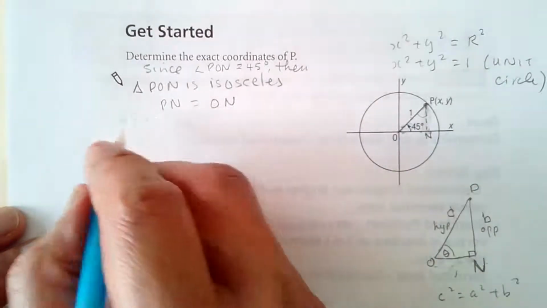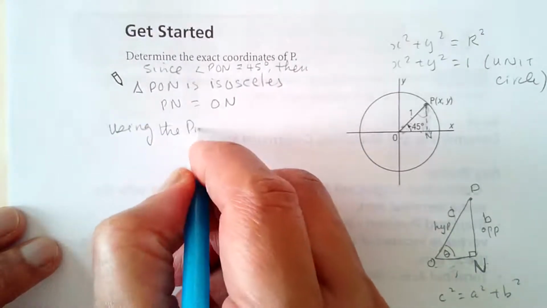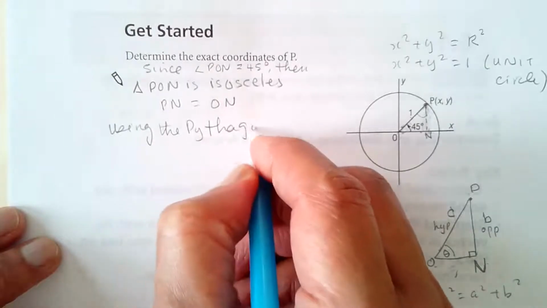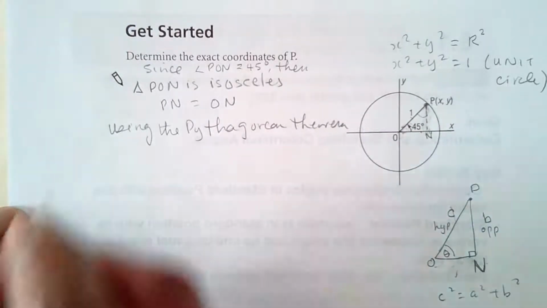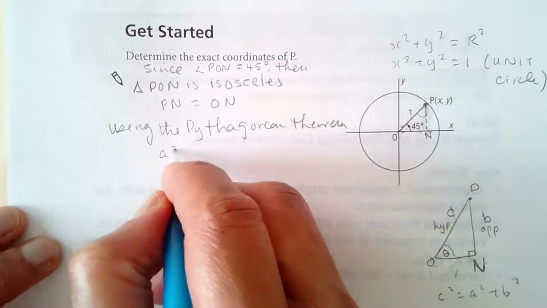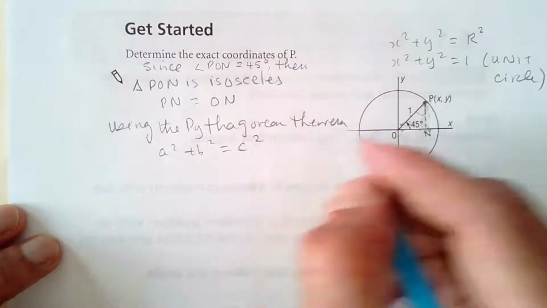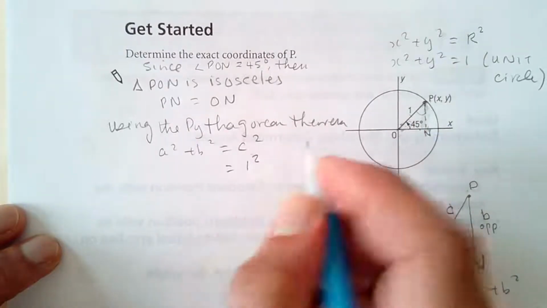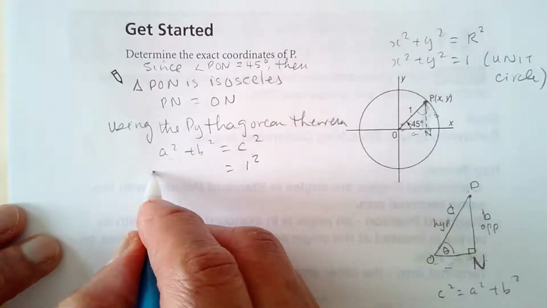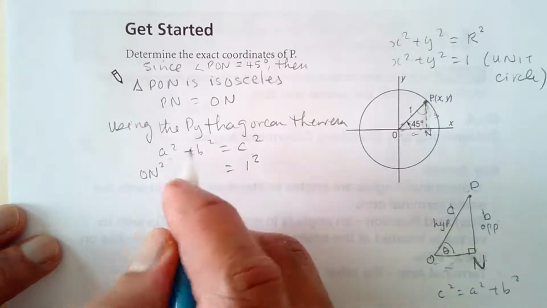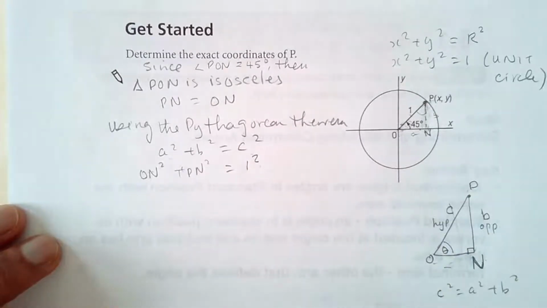So we can conclude using the Pythagorean theorem, which is A squared plus B squared is equal to C squared. Since C is 1, let's call this A and this B, that's ON squared plus NP squared is equal to 1 squared.